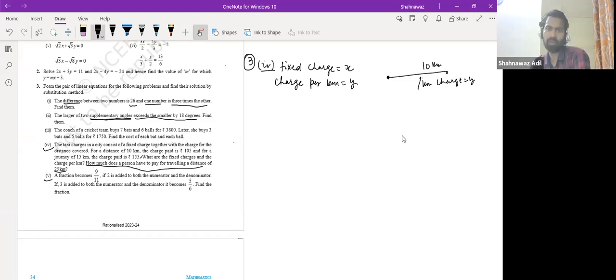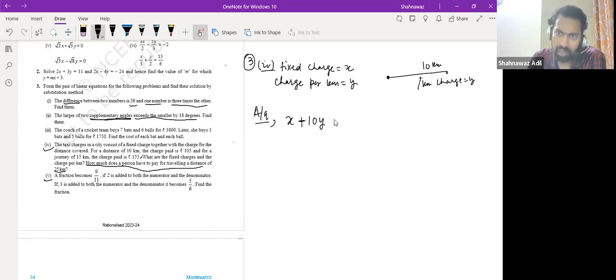But we have the fixed amount also. So we have a fixed amount and then the amount paid for 10 kilometers. Is this clear to you?